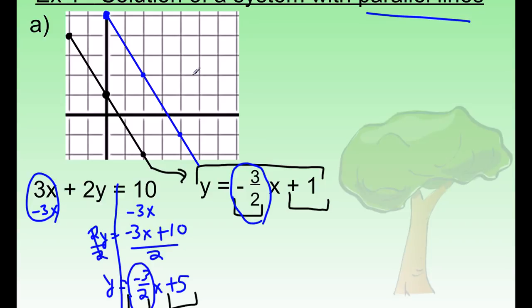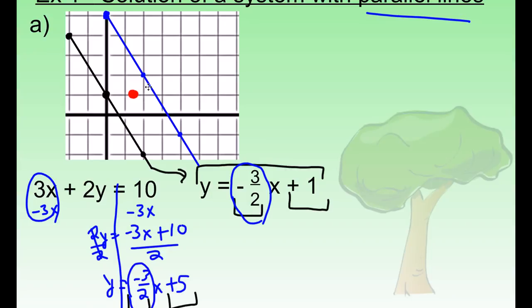So what's the solution to this system of equations? What point, if I make a dot, here I'll make it in red, what point on this graph will have the same x and y value for both of these lines?